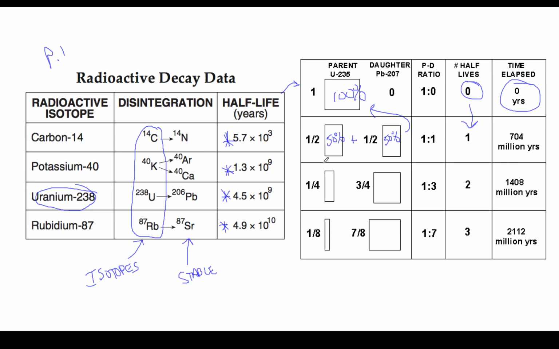Now this unstable isotope is radioactive. It can break down even further. So 50% of it is then broken down. The other 50% of it, which technically is 25% of the original amount, ends up becoming stable.